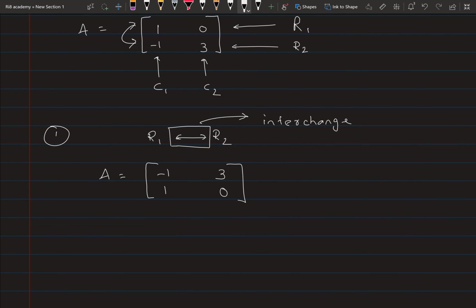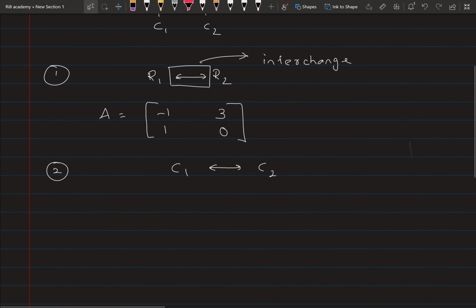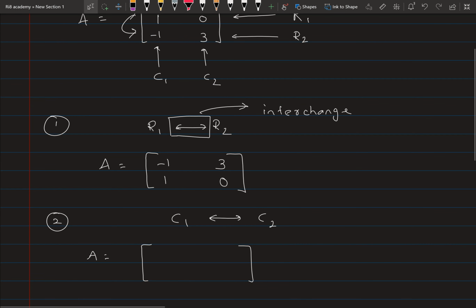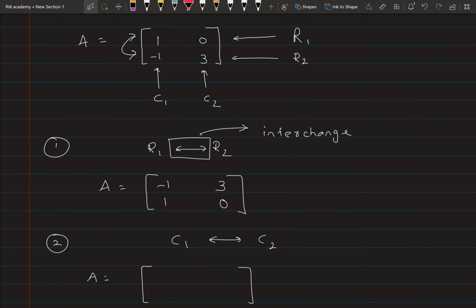Now, suppose I want to interchange columns. As we discussed for row operations, interchanging of rows, the same is applicable with columns. So, matrix A. In this matrix we are going to interchange the columns C1 and C2.